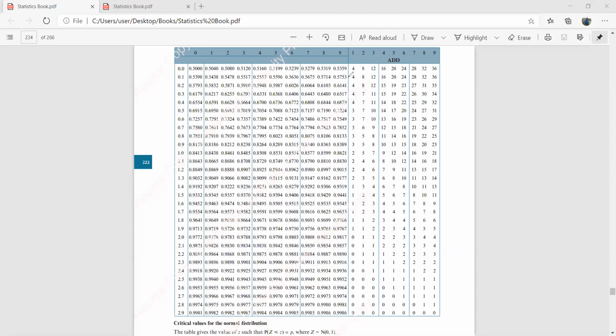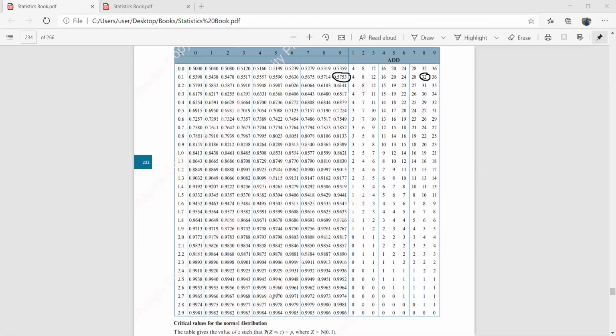Guys, you have to take the nearest value, so this becomes 0.5785, and this is 0.198.